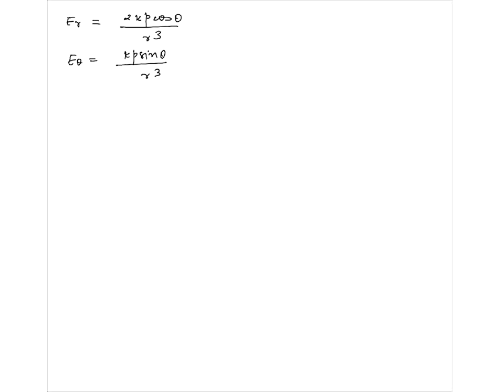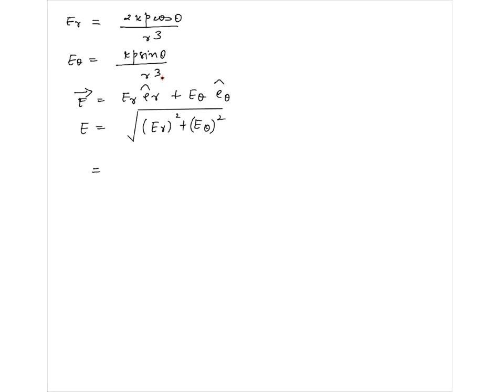We can find the magnitude of E by this. It is simple trigonometry.